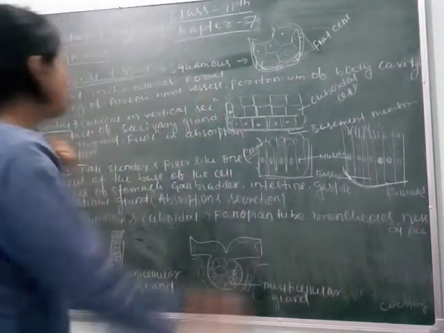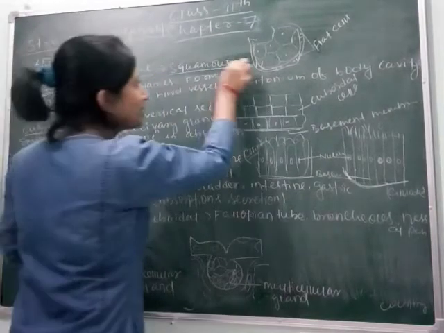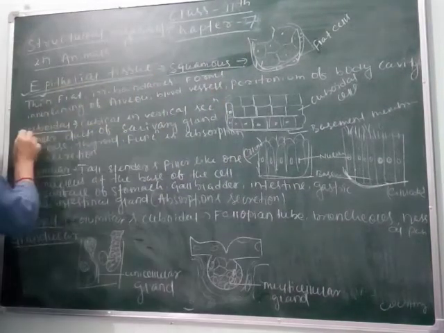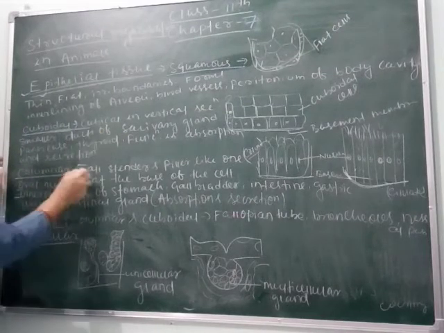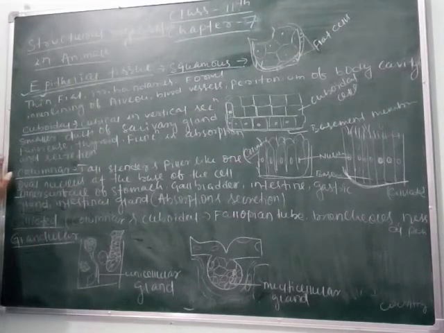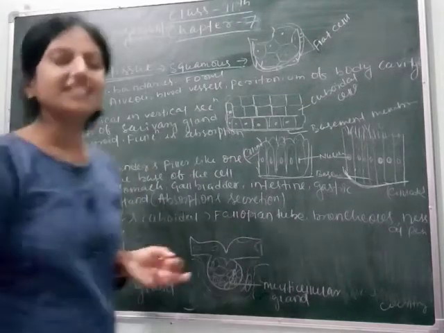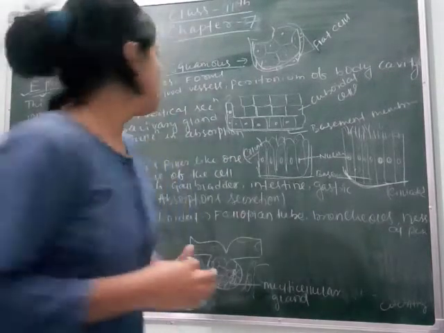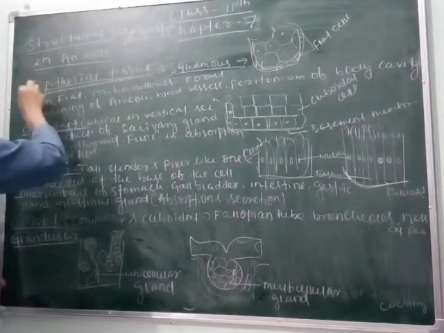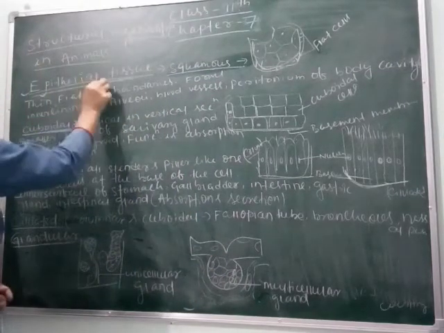First is squamous epithelial, second is cuboidal epithelial, third is columnar epithelial, and fourth is columnar ciliated or ciliated epithelial. Clear? So let's start.